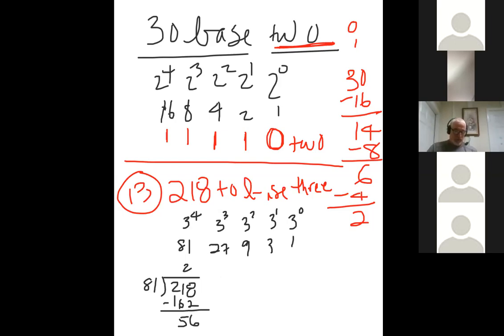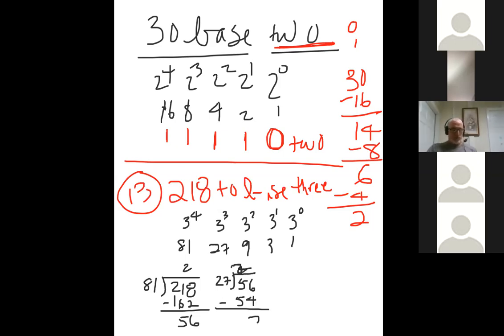So now we're going to go to the 27. 27 goes into 56 twice. 2 times 27 is 54. Oh, I made an error. That is a bona fide error right there. That's a 2 too, right? Yes, that's a 2.